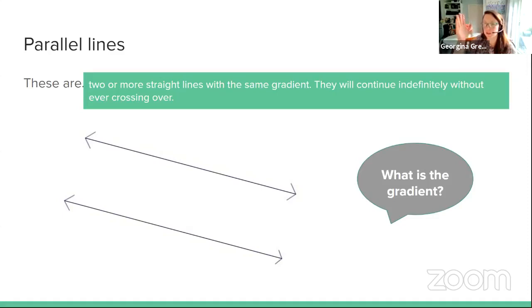It'll be the change in this value divided by the change in this value. This one, because of the way it's going, will be a negative slope, because as the x is increasing from left to right, the y is decreasing from top to bottom. That doesn't matter for this example. I'm just defining what the gradient is so that we know what that line definition means.